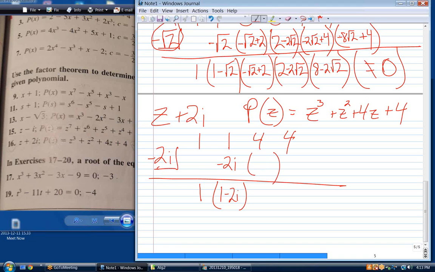So, okay, negative 2i plus minus 2? Would it be? No, because you have... Okay, so what is minus 2i times minus 2i?